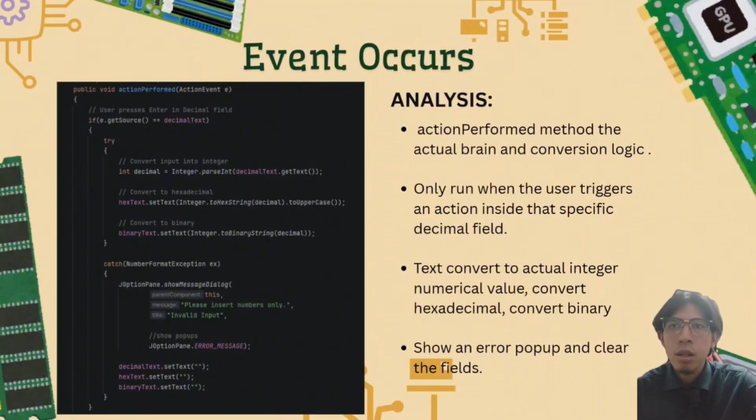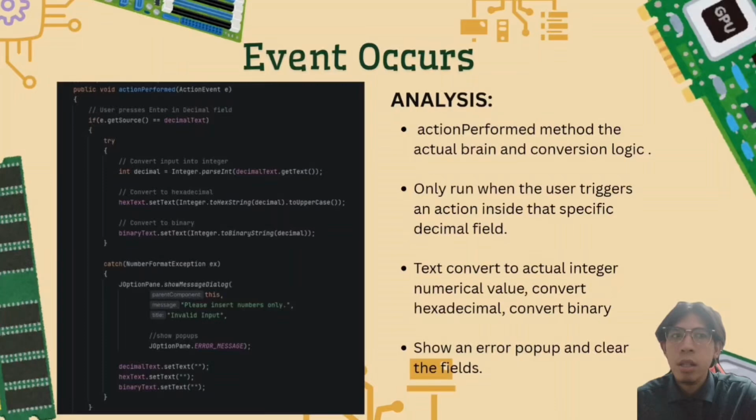And the last part of the conversion logic is the catch block. Integer.parseInt cannot turn letters into a whole number, so Java throws a NumberFormatException. Instead of letting the entire application crash, the catch block intercepts the error and gracefully handles it by showing an error pop-up. JOptionPane.showMessageDialog pops up a small alert window on the screen with an error icon.